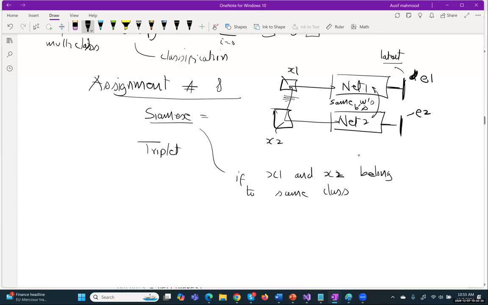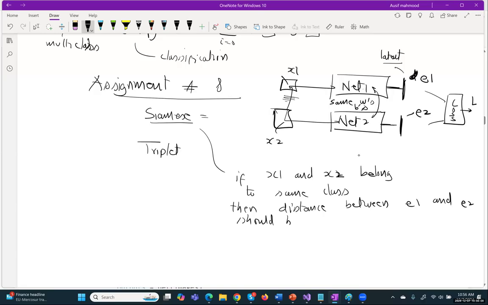So the way we want to train this is, we will feed both of these to a loss. The idea is like this. If X1 and X2 belong to the same class, then the distance between E1 and E2 should be less, because they belong to the same category, right?